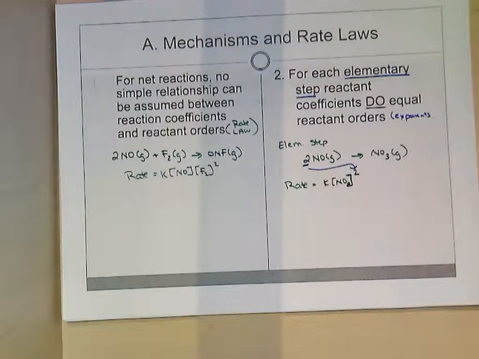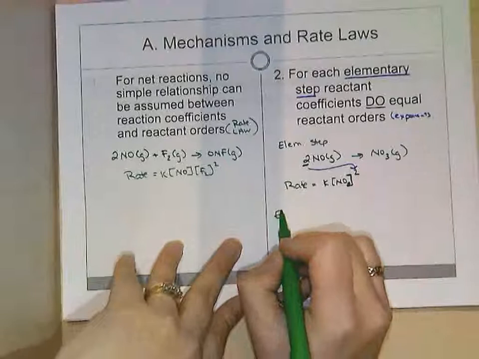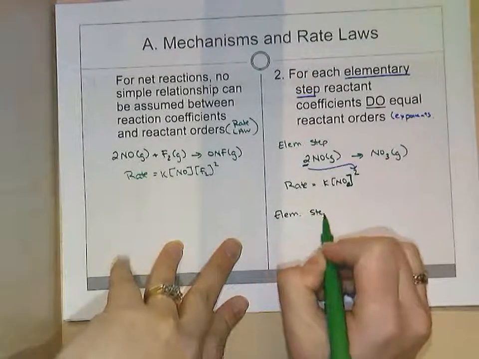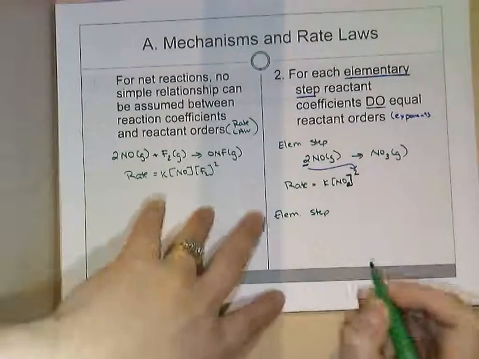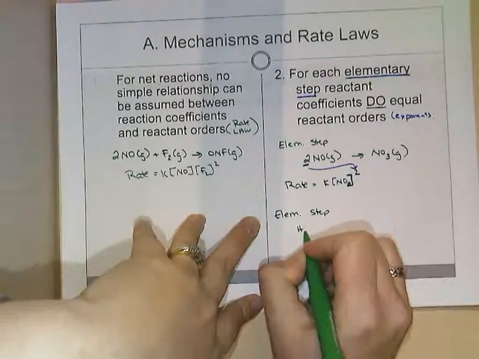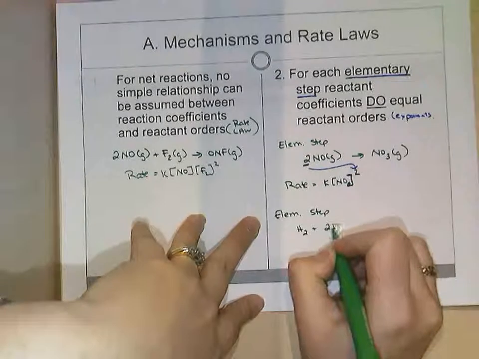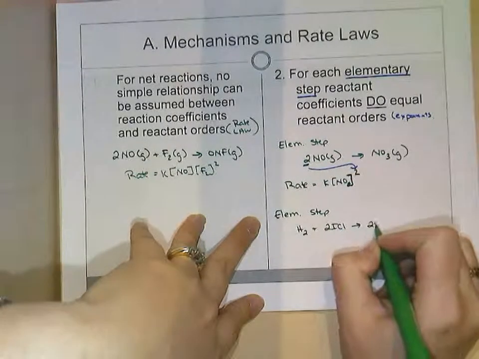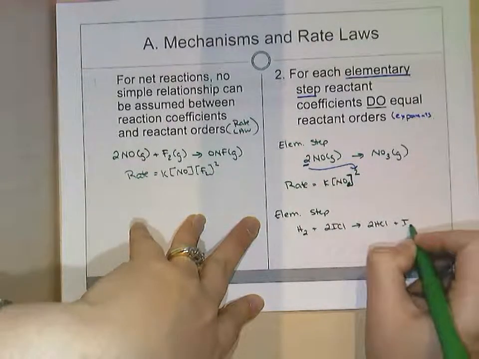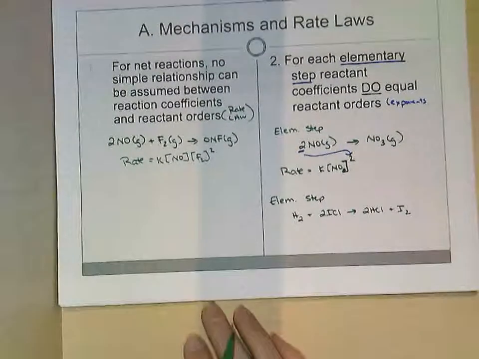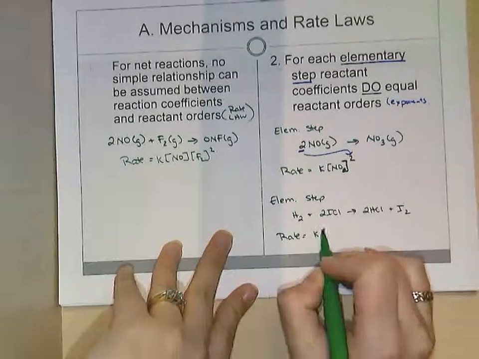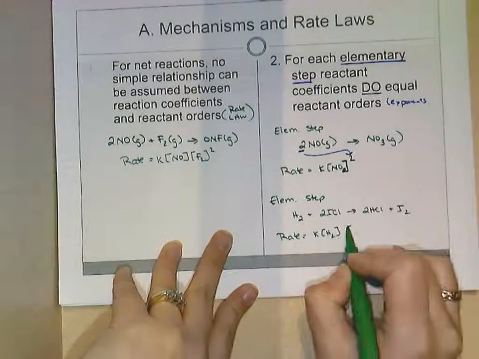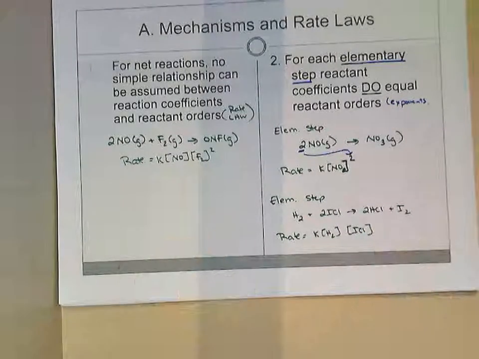So if we did another one, let's say we have an elementary step that looks like this. Knowing it's an elementary step, what is the exponent that goes with the hydrogen?